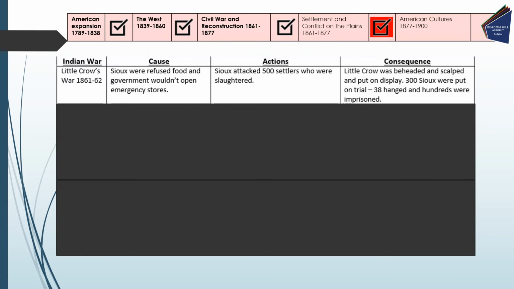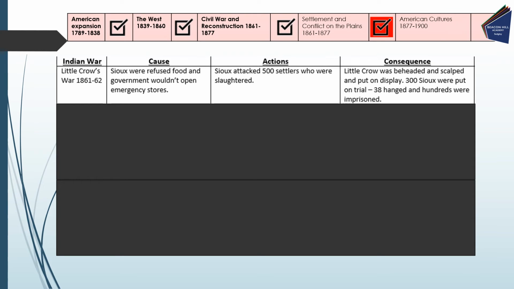So firstly, we have Little Crow's War, 1861 to 1862. The cause of this is that the Sioux were refused food and the government wouldn't open emergency stores. Remember, we said that lots of the tribes were reliant on rations, and these emergency stores would not be opened. So this is leading to desperation. In terms of the actions, I'm sure we can understand why the Sioux reacted in this way. They attacked and 500 settlers were slaughtered.